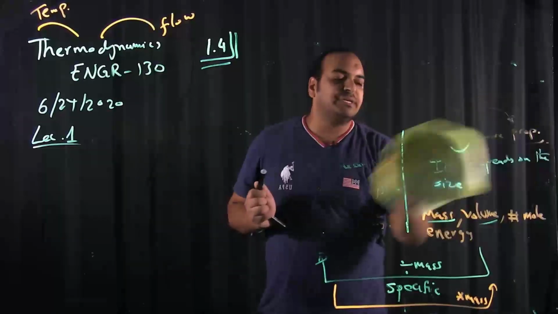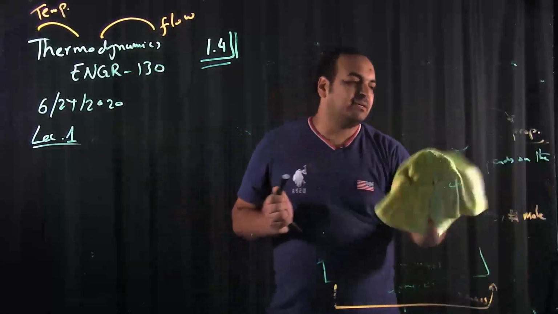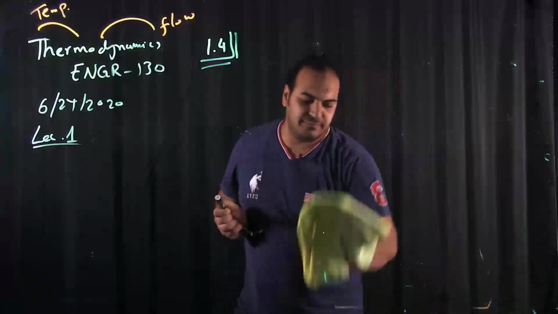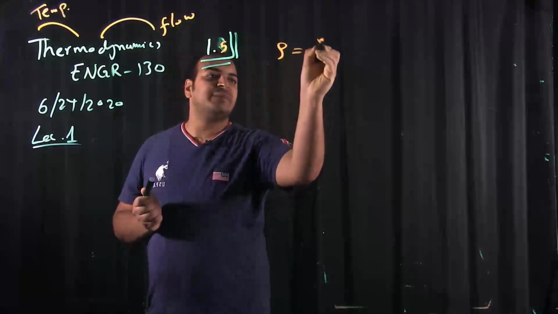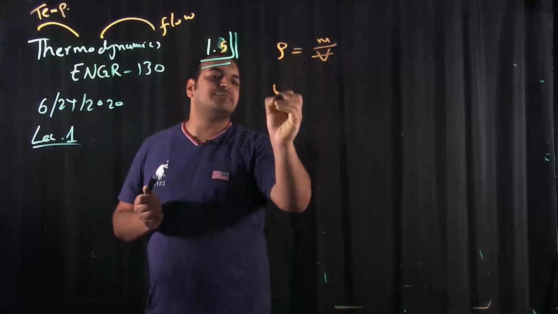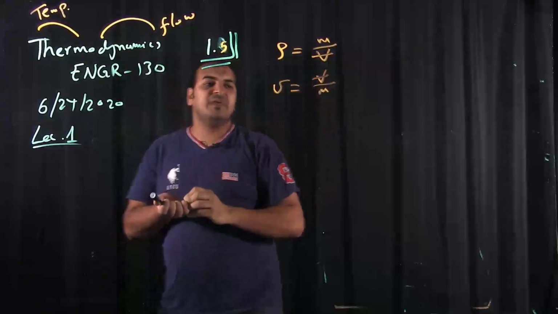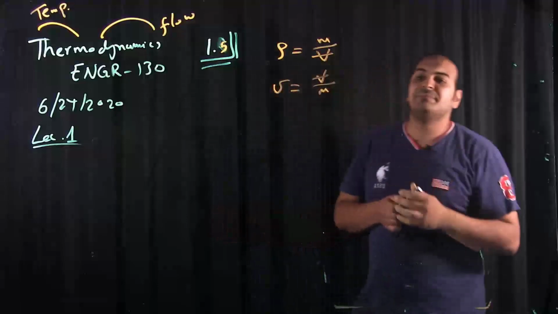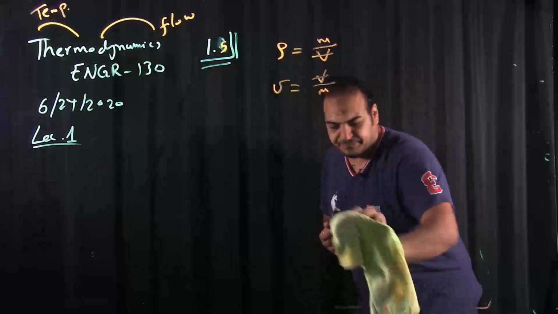So we discussed already section 1.5, which is specific volume and density. Simply, we have density, which is mass per unit volume, and specific volume, which is volume by mass. Any specific something is something over mass, per unit mass, which means it became an intensive property.